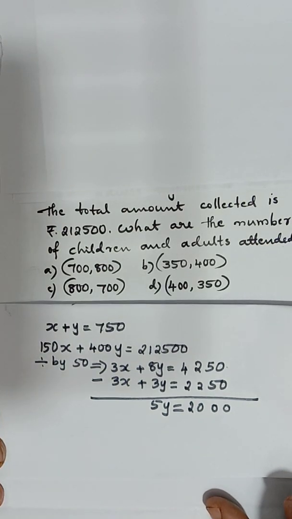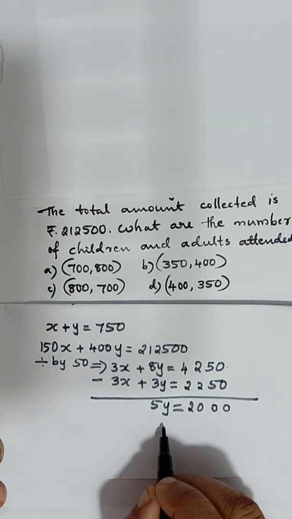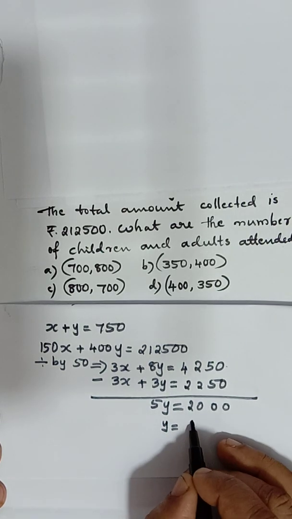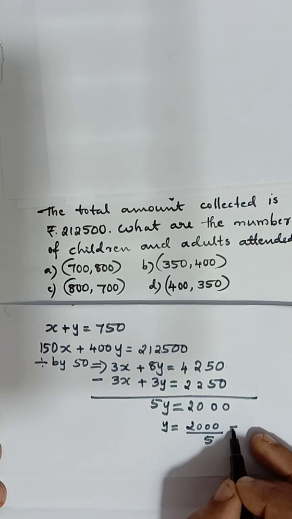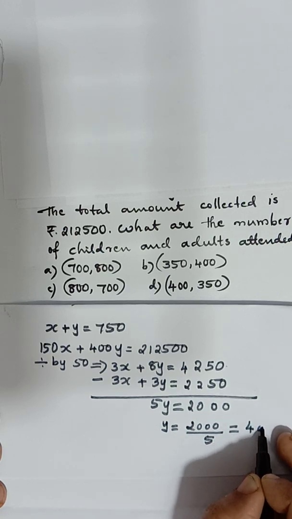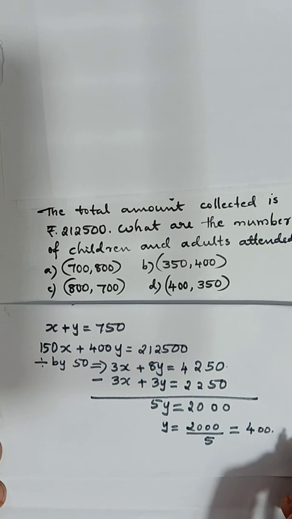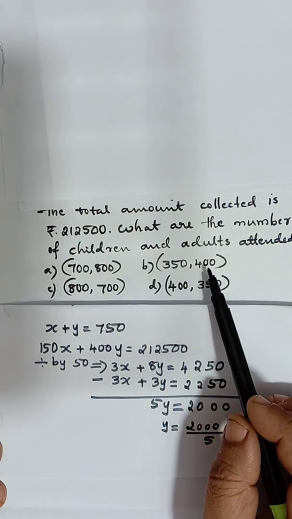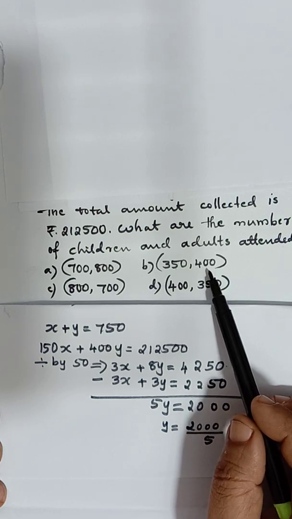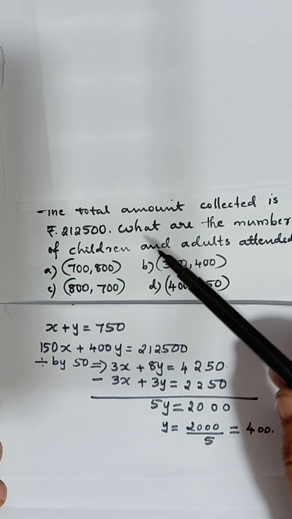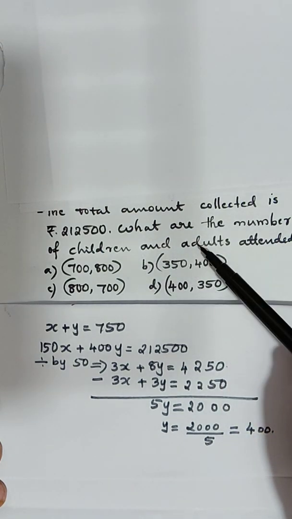Now therefore, y is equal to 2000 divided by 5. Isn't it 400? What are our options? Option B, in which the y value is the number of adults, isn't it? The question is, what are the number of children and adults?